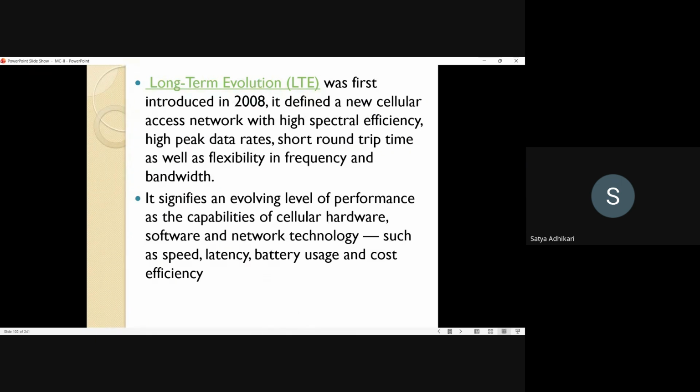It signifies an evolving level of performance as the capability of cellular hardware, software, and network technology improves, such as speed, latency, battery usage, and cost efficiency. So it has more speed as compared to other technology used at the time. Latency means the time interval between data sent and data received, so it has better latency. Battery usage is also better, and it is also cost efficient. So these are the features of LTE.